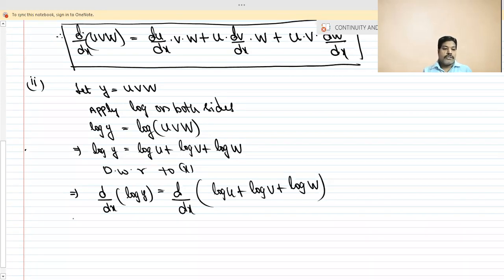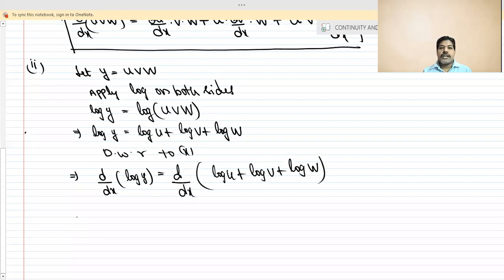We already know the derivative of log f of x. What is the log f of x derivative, students? 1 by f of x into f dash of x. So the log y derivative is nothing but 1 by y into dy by dx.